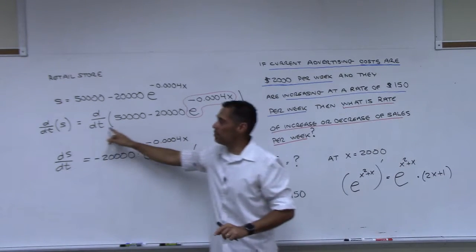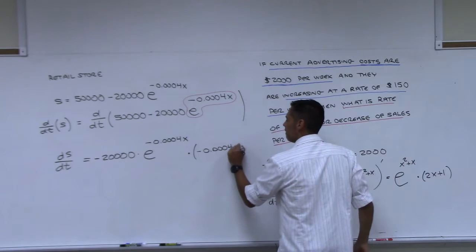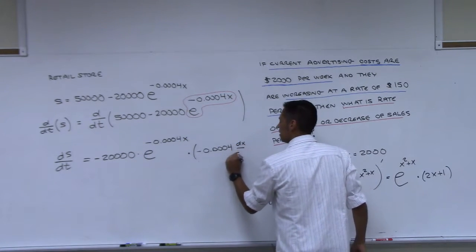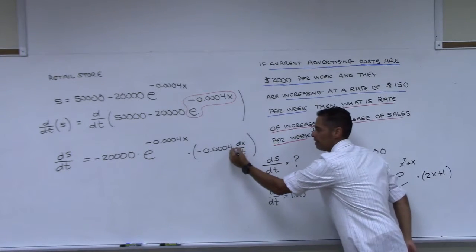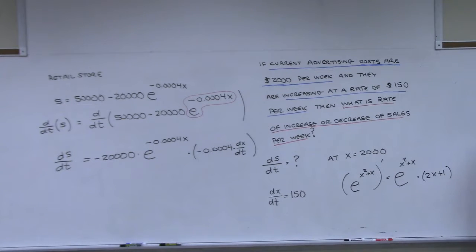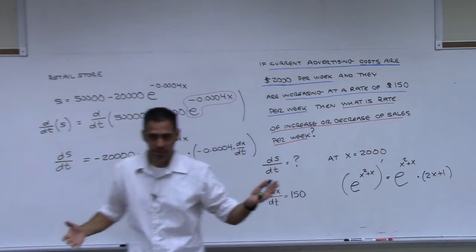What are you differentiating with respect to? t. So the derivative of x there is dx/dt, and that's multiplication right there. Back here, the derivative of x was 1 because we hadn't talked about implicit differentiation yet.